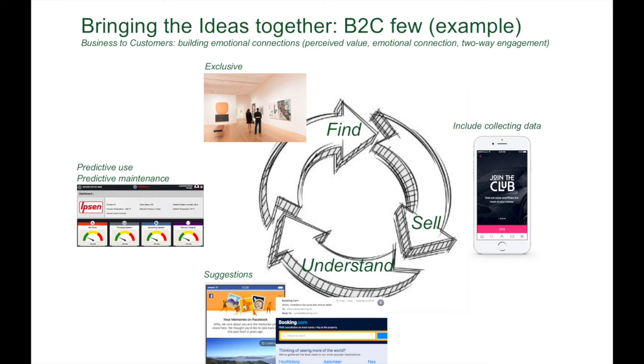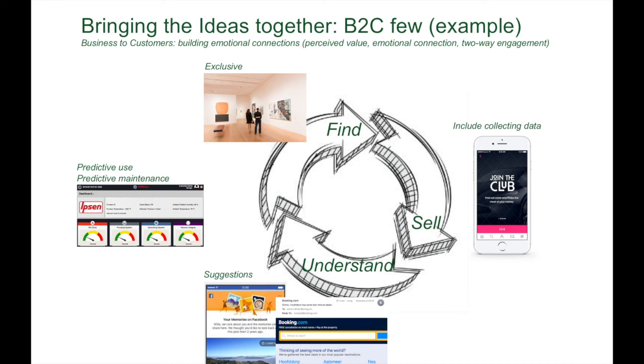But if I only sell to a few customers, I must expect that every single customer is very different, is using the products very differently, and therefore I must collect specific data to make sure I can serve that customer in a specific way next time.